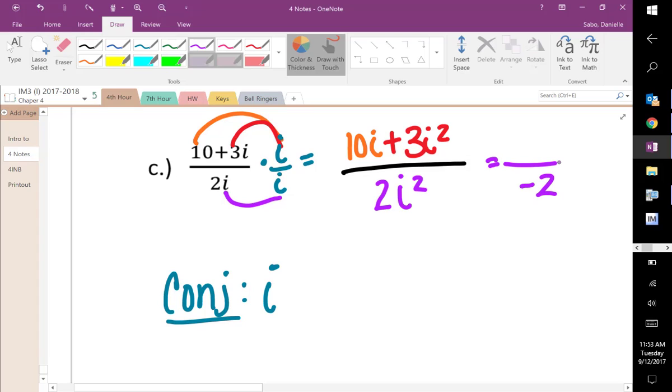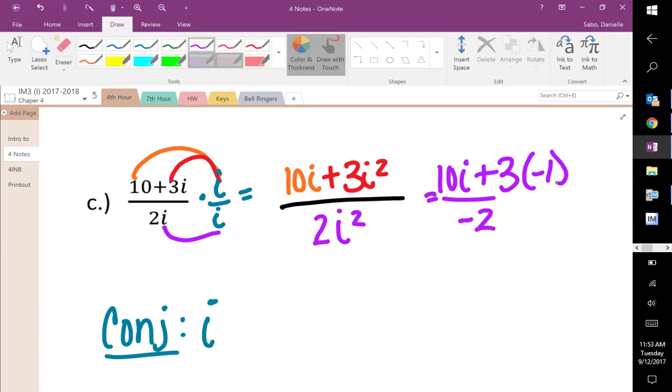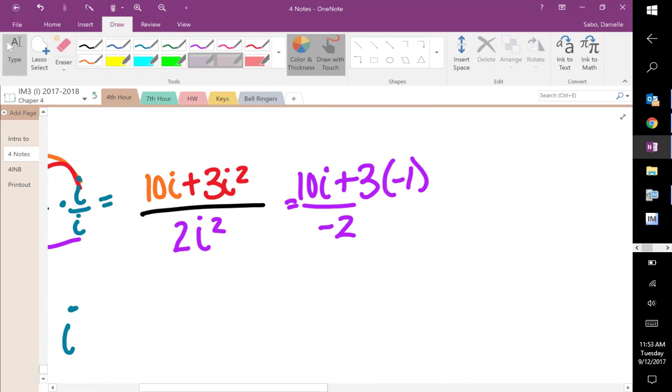Very good. And then I kind of just want to leave you there. I mean, we can just keep going so that you know what to do. I would have 10i plus 3 times -1, because I'm replacing the i squared. I'm just trying to move faster so you have time for the homework. And then that would make me -3 plus 10i all over -2.